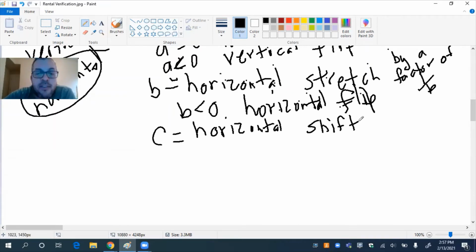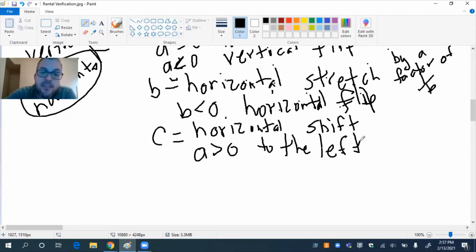If c is positive, then to the left. I don't know why I'm obsessed with a. It's not a, it's c. There we go. That's much better. And if c is less than 0, then this is to the right.